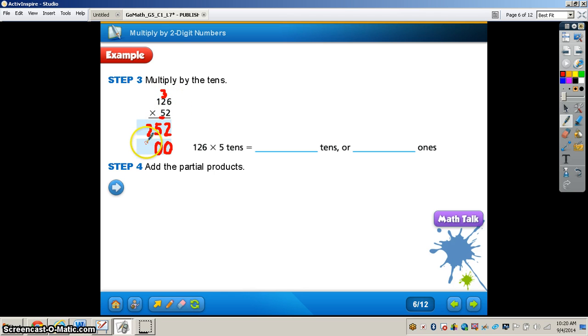Plus 3 gives me 13. Put my 3 there. Carry the 1. 5 times 1 gives me 5. Plus 1 gives me 6, for 6,300. Okay, so 126 times 5 tens is 630 tens. Let's write that down. Or 6,300 ones.